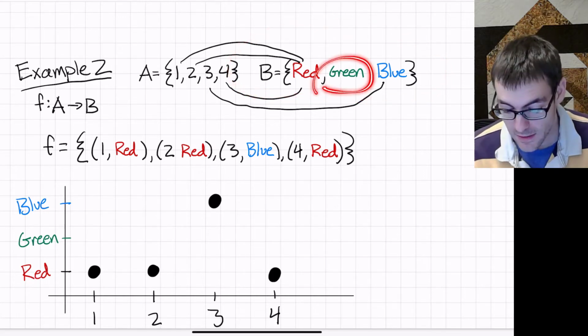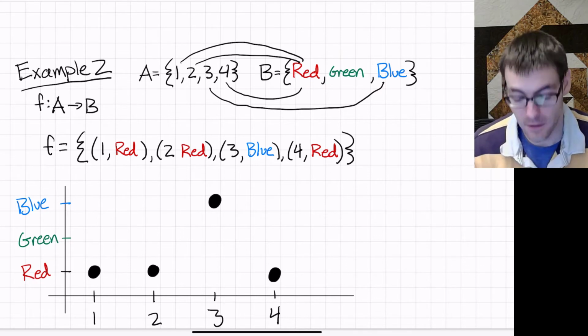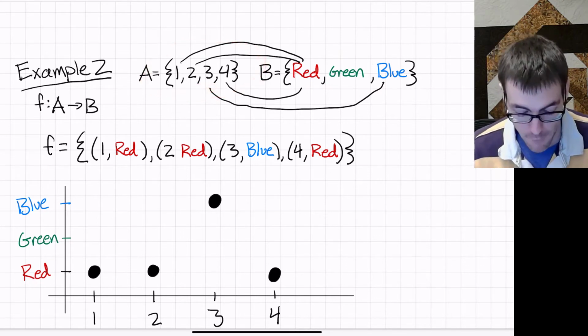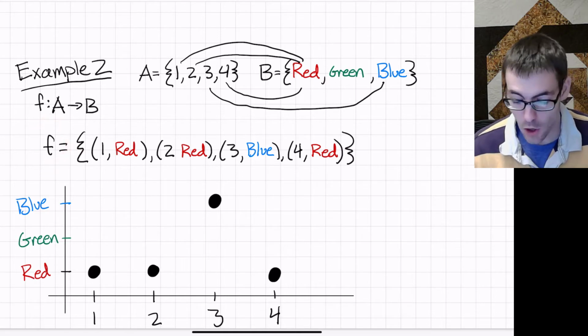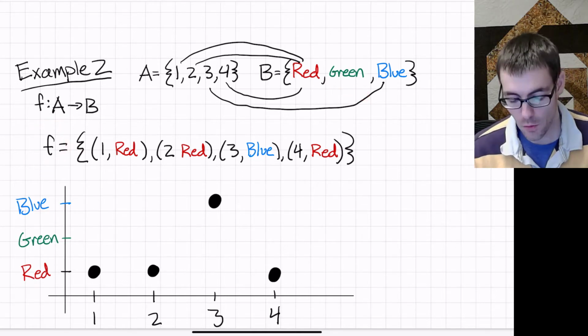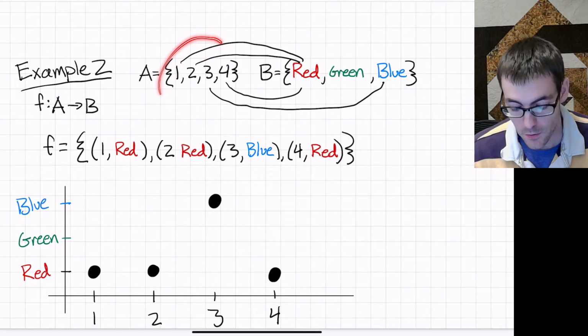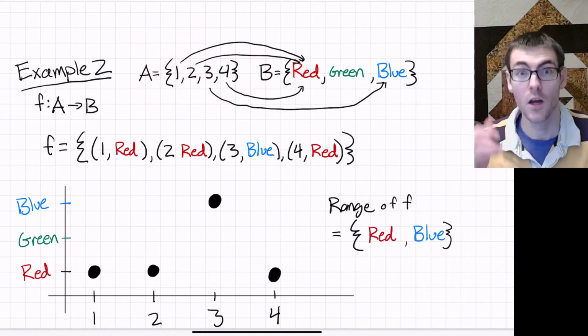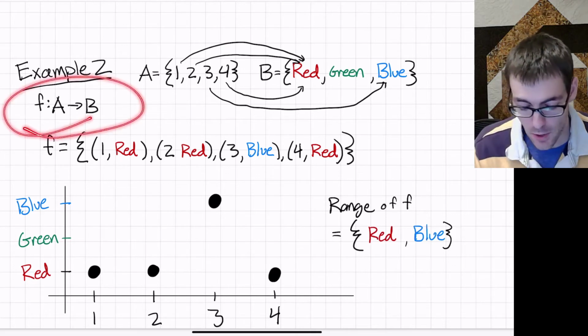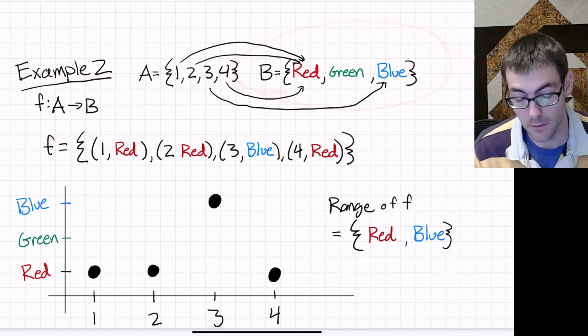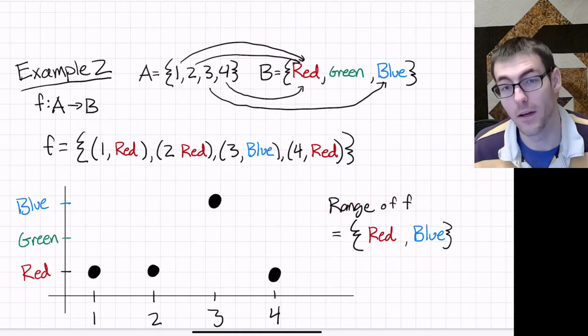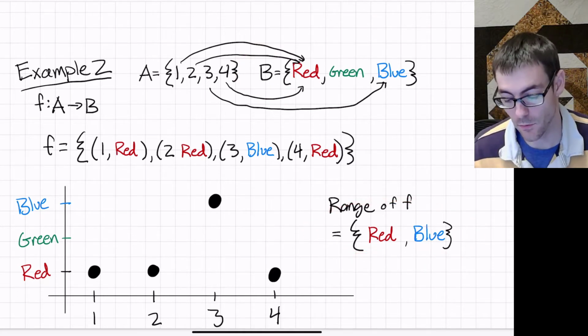However, green is not the output corresponding to any of the possible inputs from our function f. Put another way, f doesn't ever target green. There are no elements in the domain that have an arrow pointing at green. As a result, we say that the range of the function f is the subset of the codomain that is just red and blue. So the range is just the set red-blue.